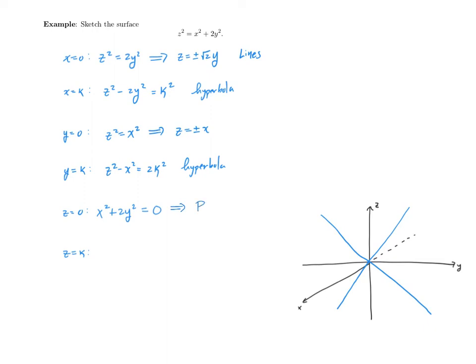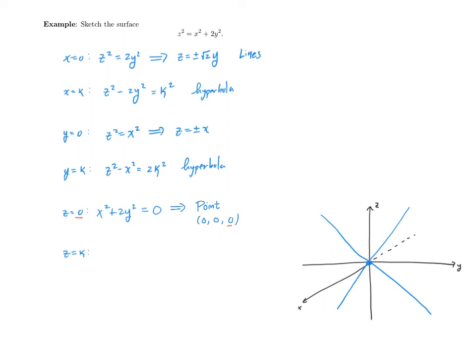And I agree. The only possibilities would be x is 0 and y is 0. So we get the point x is 0, y is 0, and no, we already mentioned z was 0. So the z equals 0 trace, i.e. the xy plane, is that point of intersection we've already seen.